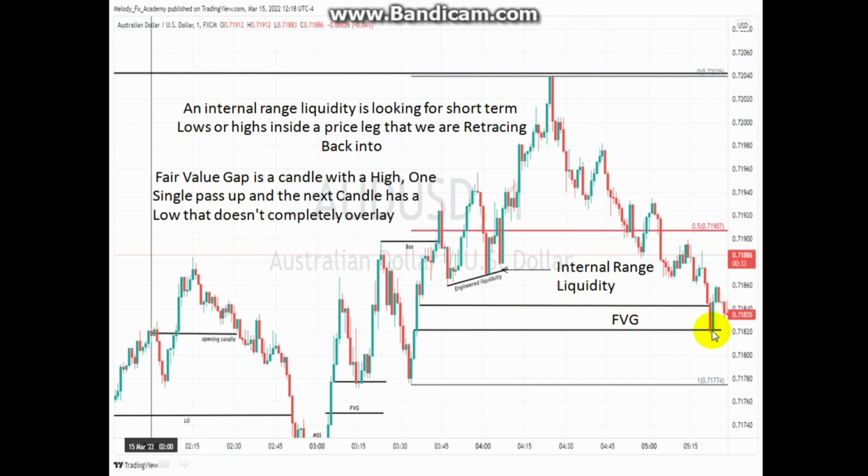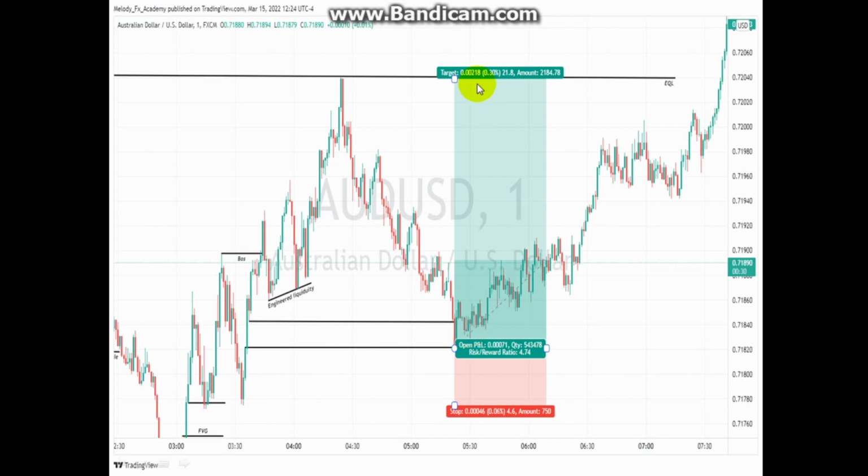So this is where I got in on my second entry. I got in exactly here, and my stop loss was below here. I just looked at this old high as my TP, because price has to trade above this old high to expand higher, to create a higher high. So I targeted this old high right here, and it gave me about 218 pips.